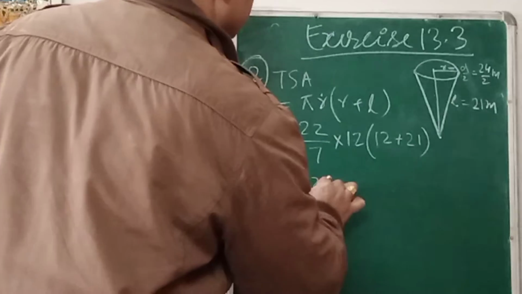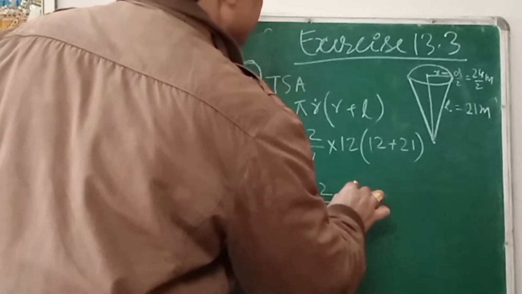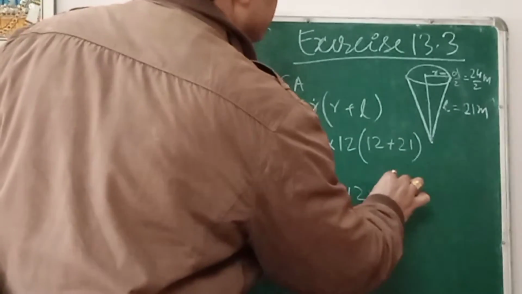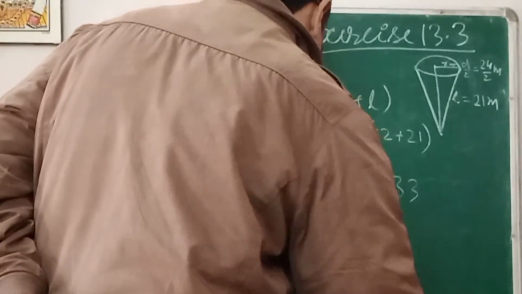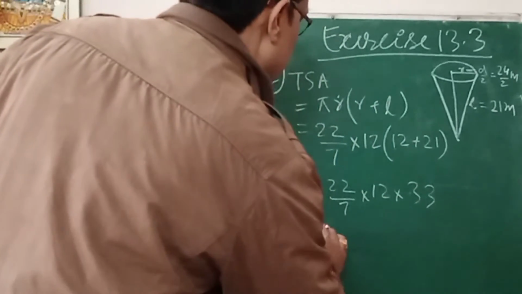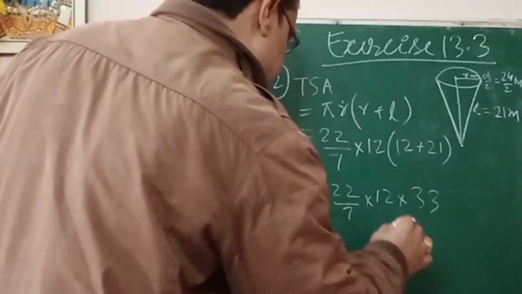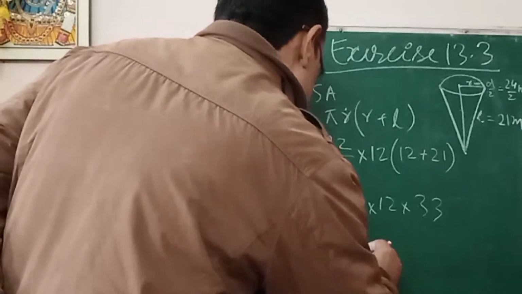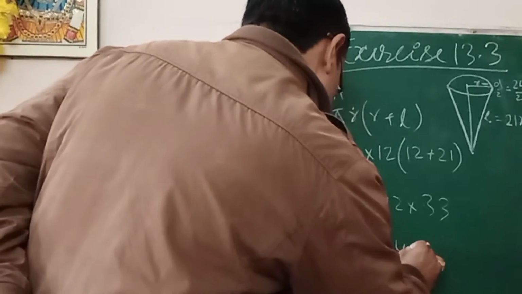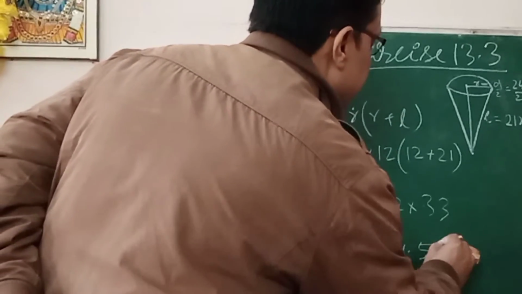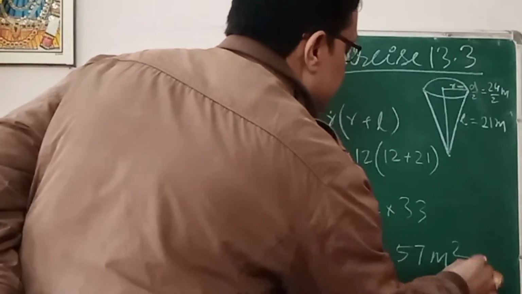So this is 22 by 7 into 12 into 33, and upon multiplying and dividing we will get it as 1244.57 meter square.